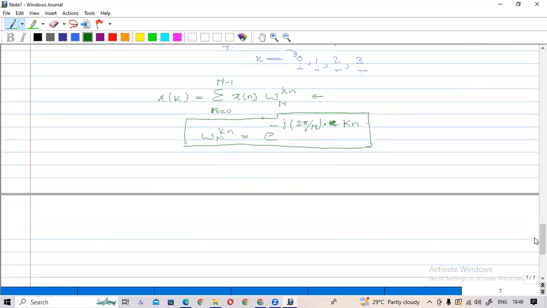Now, so this is the N-point. Here N is equal to 4.